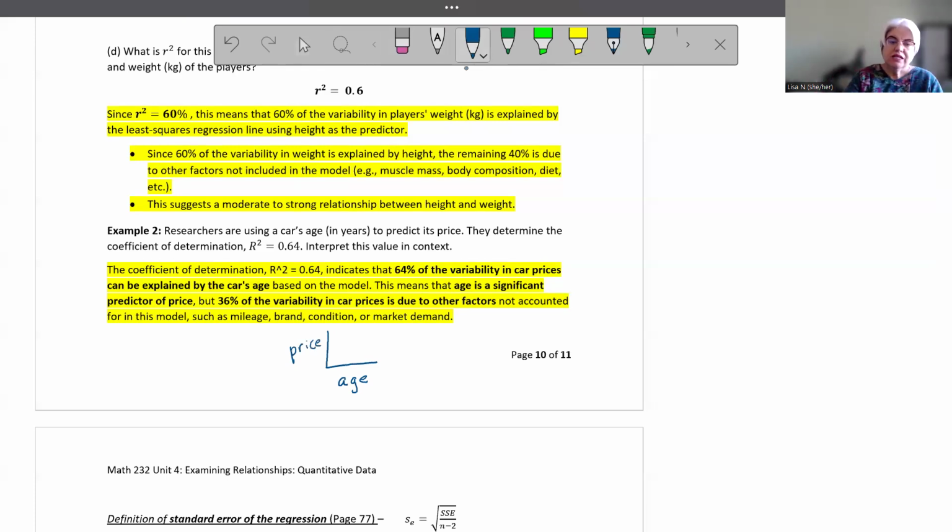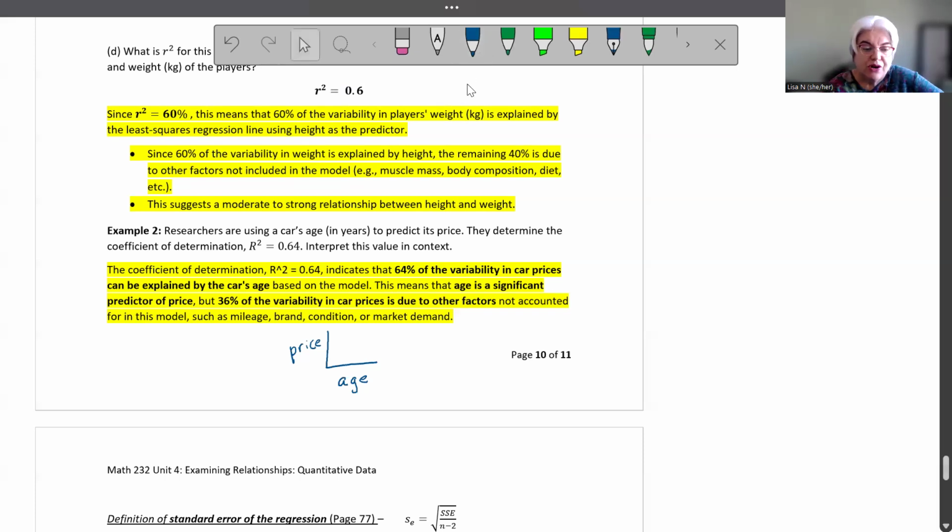Once we put all that data in this example, we're saying R squared equals 64%. So 64% of the variability in the car prices can be explained by the car's age. That means that, again, a linear model is a good fit for this example when we use R squared. So we're using two more things to evaluate, the scatter plot and also R squared.